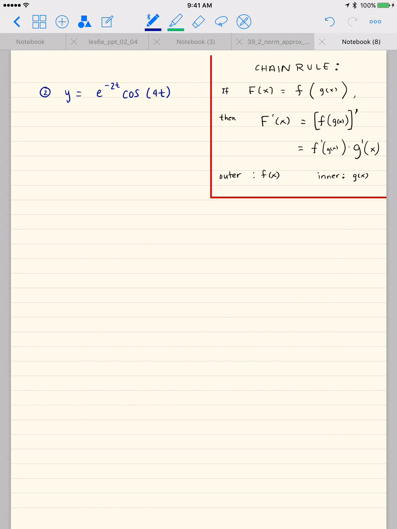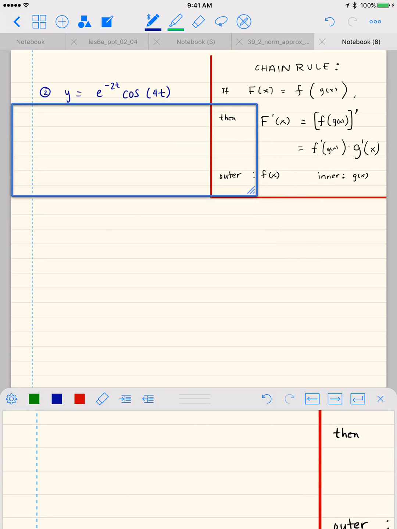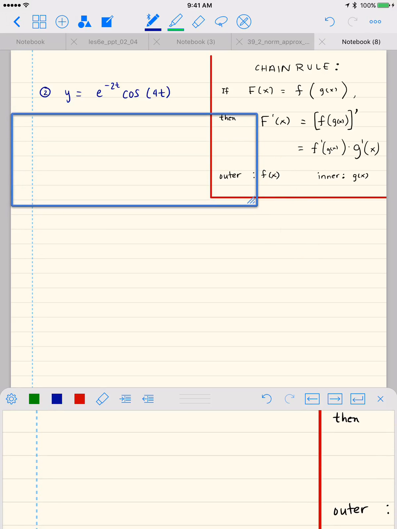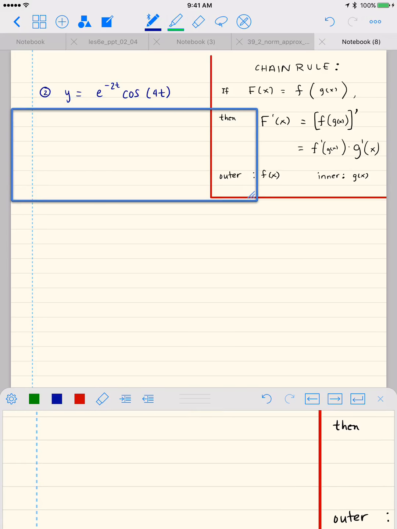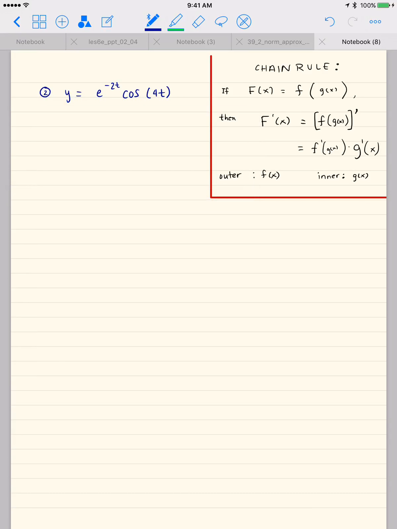Now, I need to figure out my outer function. So this is y equals e to the negative 2t cosine 4t. Actually, instead of just applying the chain rule, before we apply the chain rule, we need to first use the product rule.